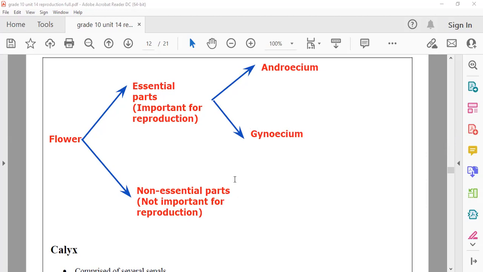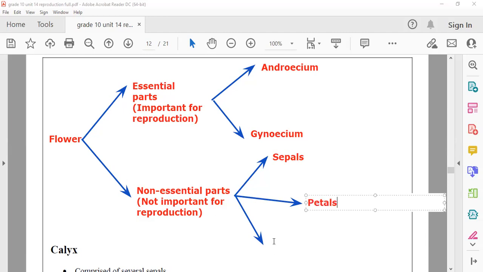Sepals, petals, and receptacle come under non-essential parts. They are not important for reproduction.